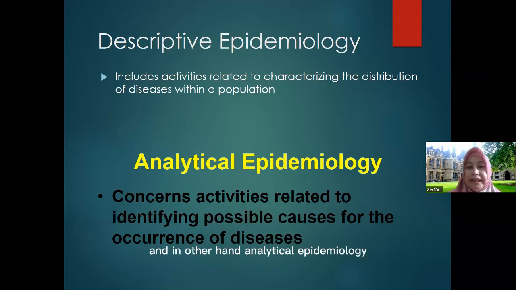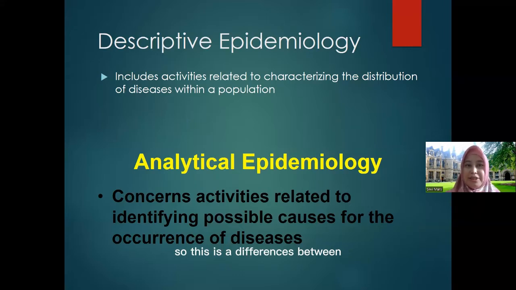On the other hand, analytical epidemiology is concerned with activities related to identifying possible causes for the occurrence of disease. In analytic epidemiology, we analyze between two variables using several statistical methods.